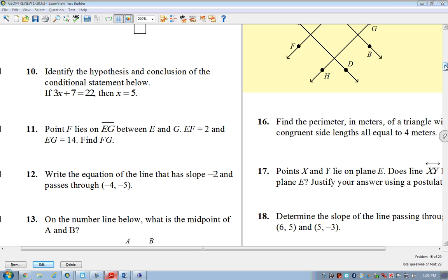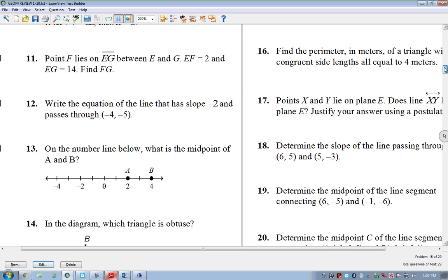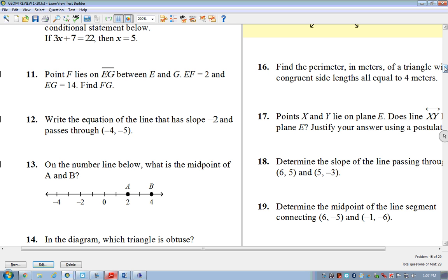After number 10 is number 12. Write the equation of the line that has a slope of -2 and passes through (-4, -5). There are a couple of different ways to do this, but by far the easiest one is if you know the point-slope form of the equation. How many of us are familiar with the point-slope form? Just a couple of us.